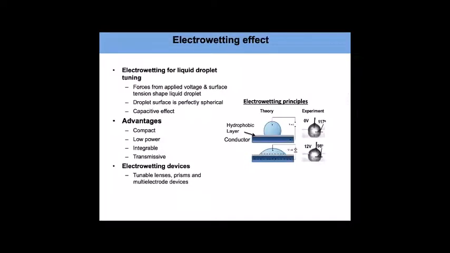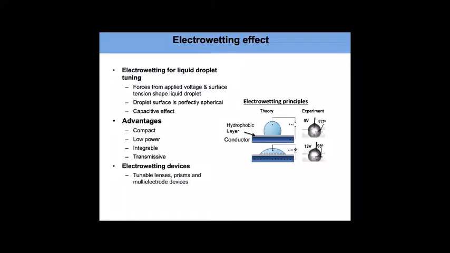The electrowetting effect is an interesting effect. It was first discovered about 100 years ago. If you put a droplet of water onto a hydrophobic layer, you'll have a beading and a contact angle.